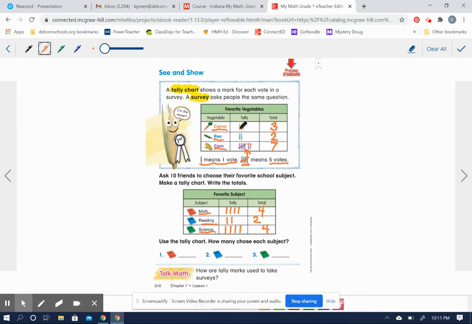How many people chose that? Yes, 4. The blue book stands for reading. How many people chose reading? 2. And the green book represents science. How many people chose science? 4. Yeah.